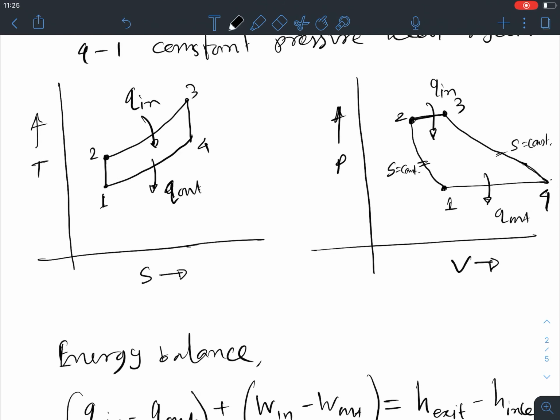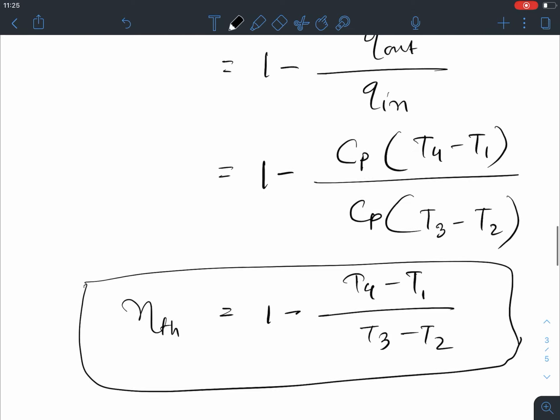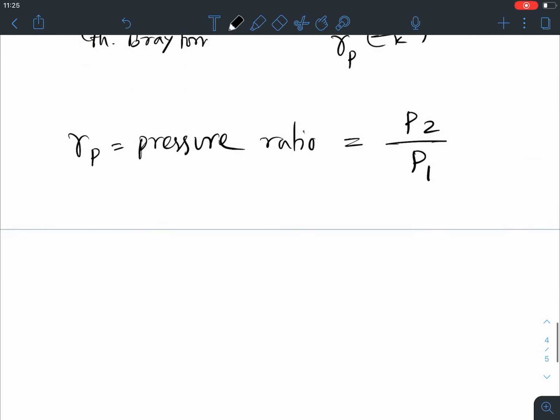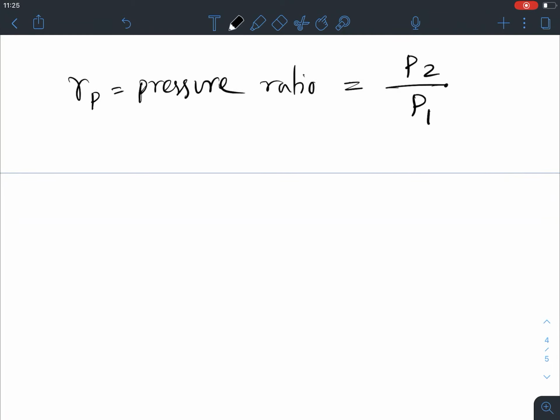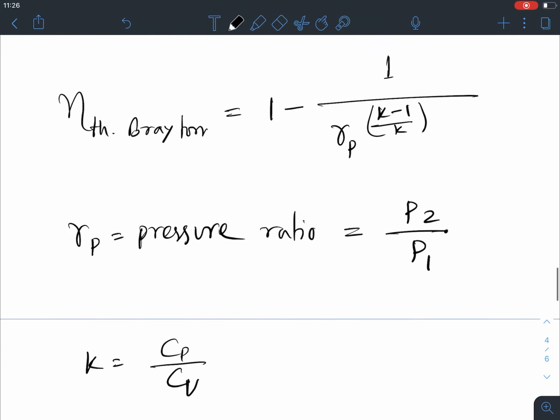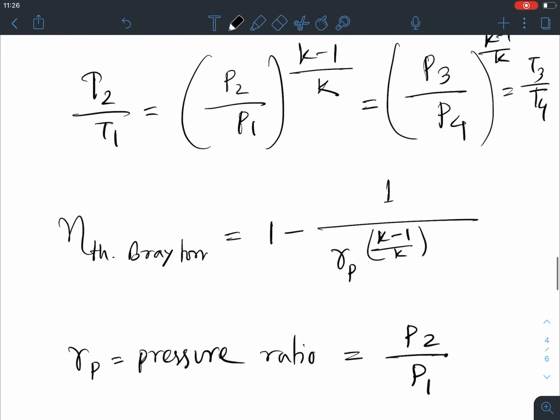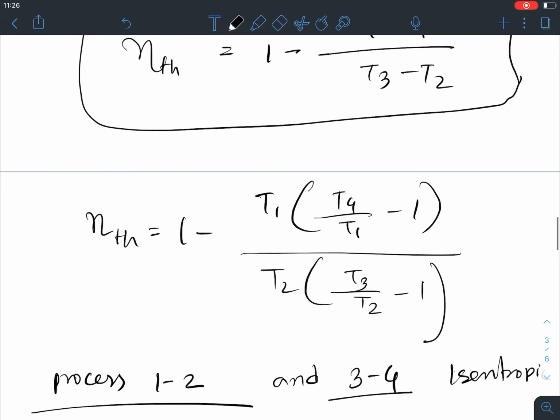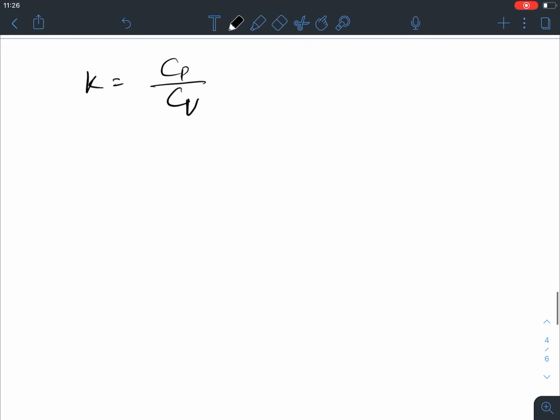If we look at the PV diagram, it is the pressure after the compression divided by the pressure before the compression in the compressor. And K is Cp divided by Cv, the specific heat ratio. So that's all about the efficiency expression of the Brayton cycle.